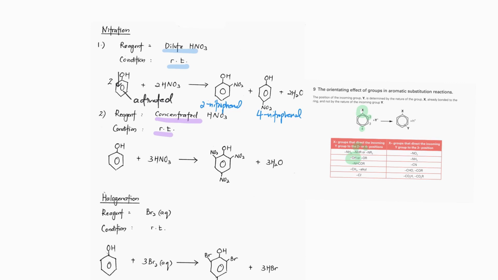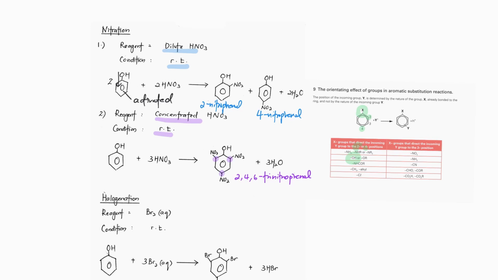There will be substitution at the second carbon, fourth carbon, and the sixth carbon. So the product will be 2,4,6-trinitrophenol.